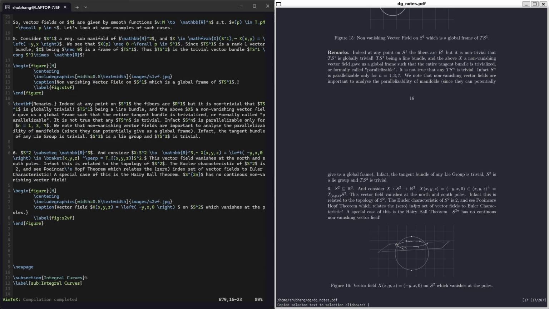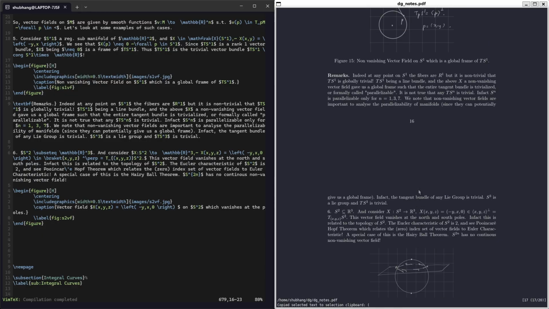You can talk about vector fields easily when the tangent bundle of the manifold is a subspace of Rn, so your elements of the tangent space are in Rn, and the vector fields are basically given by functions from the manifold to Rn.